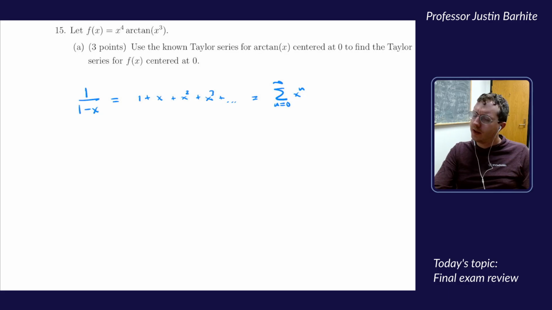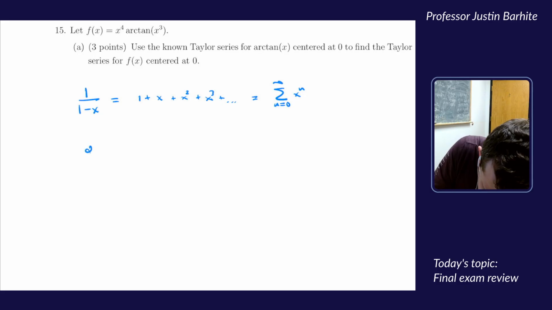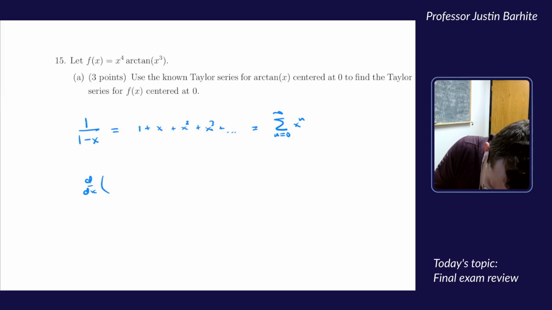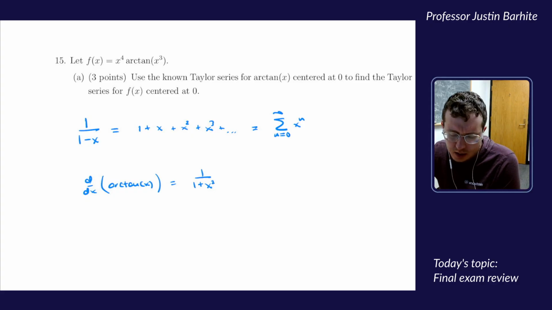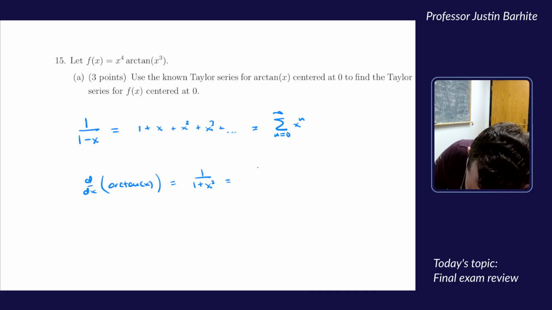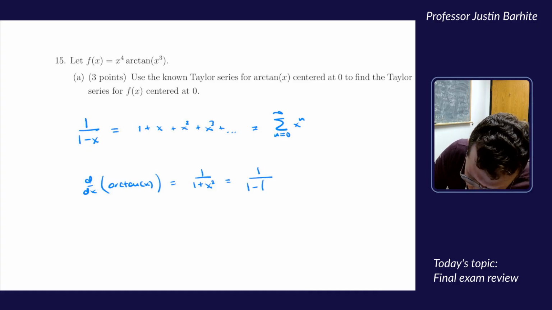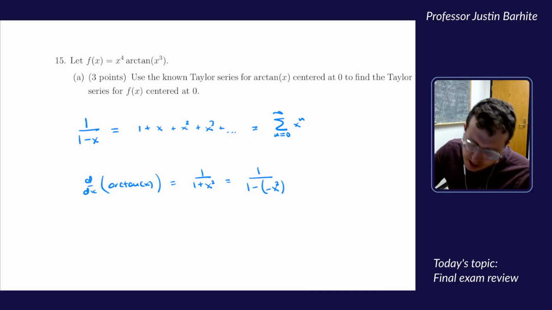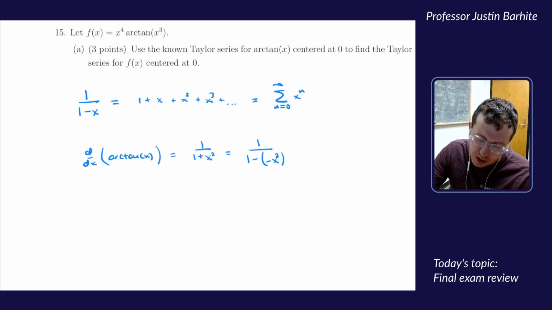And then the connection with arctangent is that the derivative of arctangent of x is 1 over 1 plus x squared, which looks kind of like that. I could rewrite this as 1 over 1 minus the opposite of x squared.